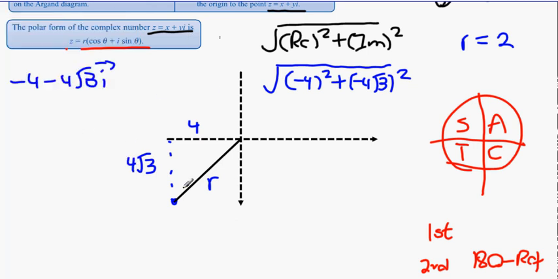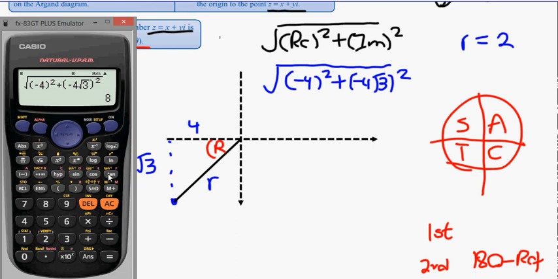So R equals 8. Now we've got to find out the reference angle. The reference angle R, because it's third quadrant. So tan R equals 4 root 3 over 4. So tan inverse 4 root 3 over 4.